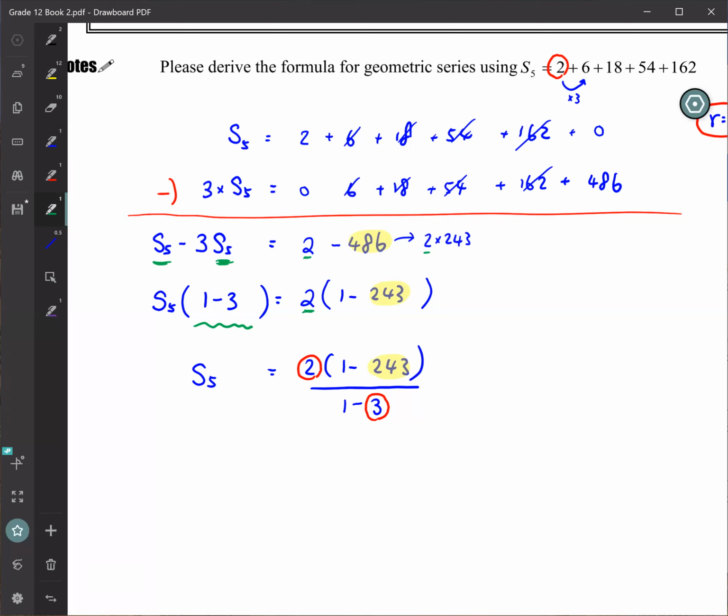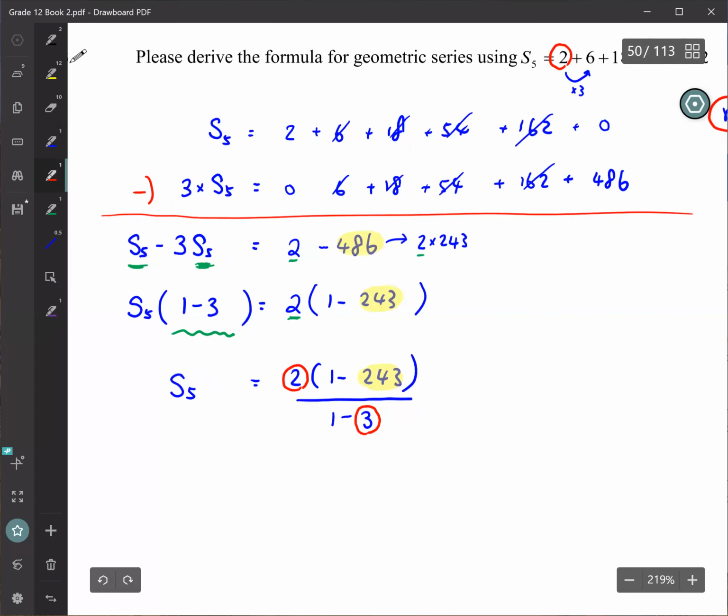So now you go back and look at the series at the top, okay? 486 also appears here. So since 2 times 243 gives you 486, let's think about how we can climb the stairs, okay? Think about the stairs again.